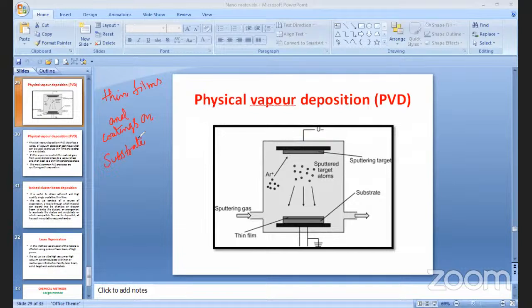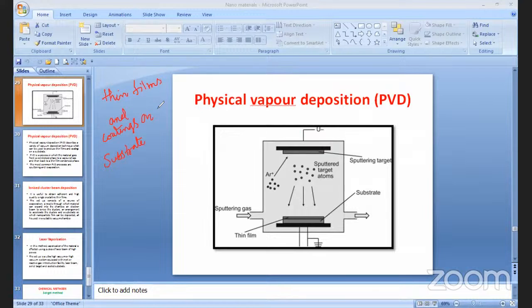So physical vapor deposition describes a variety of vacuum deposition techniques which can be used to produce thin films and coatings on a substrate. So this is what we can do using this physical vapor deposition method.